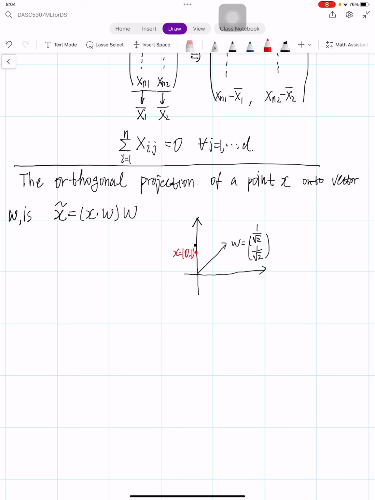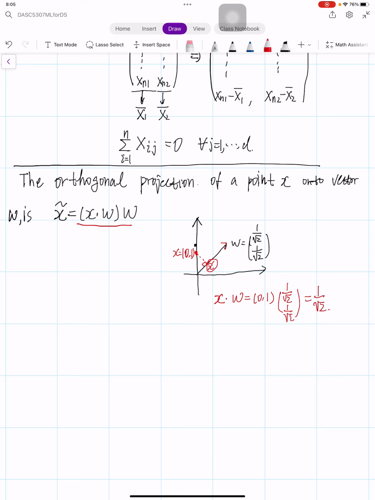So the orthogonal projection from this point onto the vector w means that, starting from this point, we find a perpendicular line and the intersection point is called x tilde. How do we find this x tilde? The formula is given here. For example, we first find the dot product of x with w, which is 0, 1 multiplied by 1 over square root 2, 1 over square root 2, which equals 1 over square root 2.